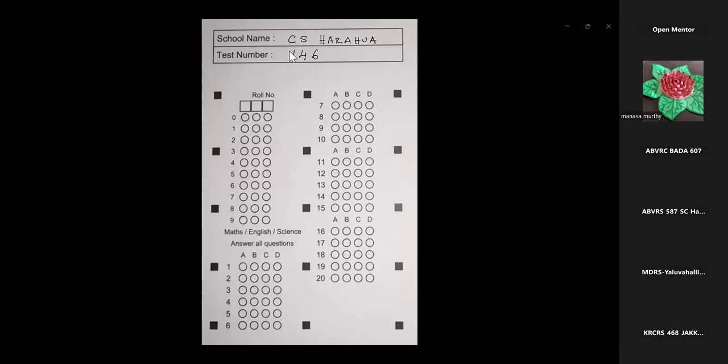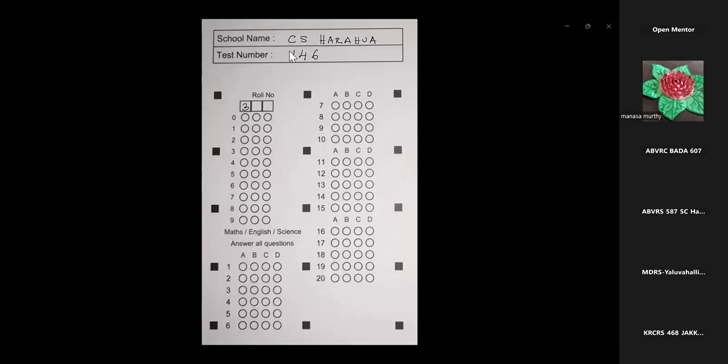Next thing is roll number. In your school, as per attendance, you will be given a roll number. That number you should write. For example, if your roll number is 104, you should write 104 in these three boxes. In case your roll number is 2 digit, for example 34, you should write 34 like this.